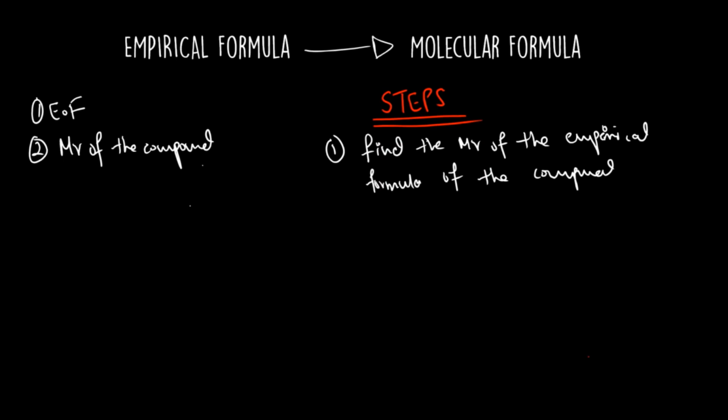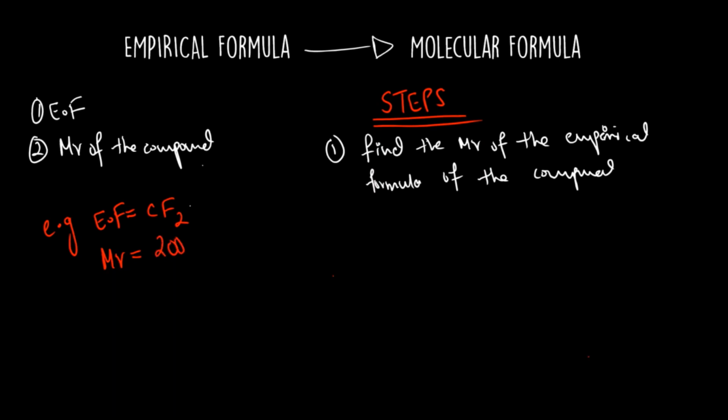Okay, now I'll put an example side by side so that it becomes easier to understand. For example, the empirical formula of a compound is CH. No, actually not CH2 because we've done that before. How about CF2? And the MR of the compound, or the molecular mass of the compound, is 200.